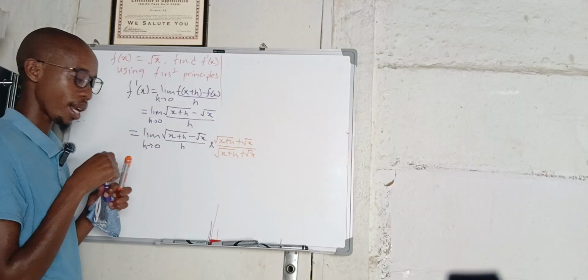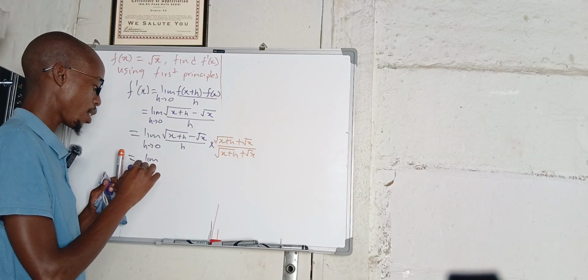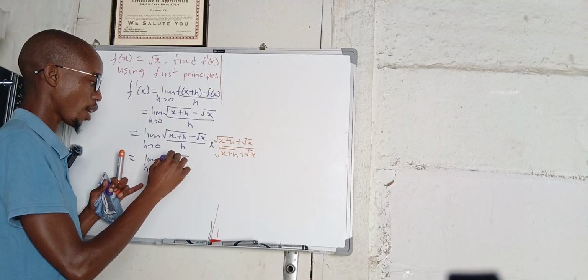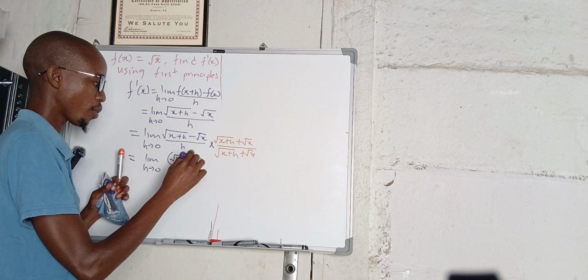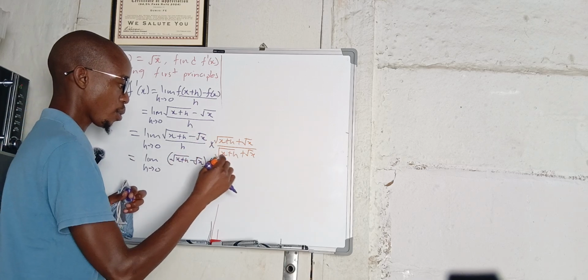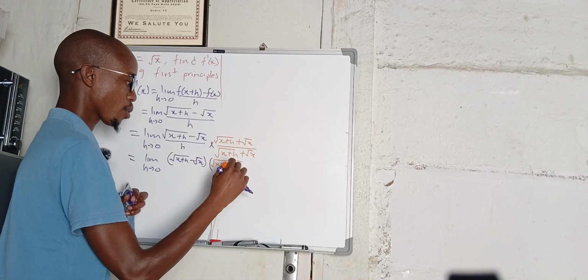Now, I'm going to multiply out, having limit as h approaches 0, square root of x plus h minus square root of x, times square root of x plus h plus square root of x, in the numerator.